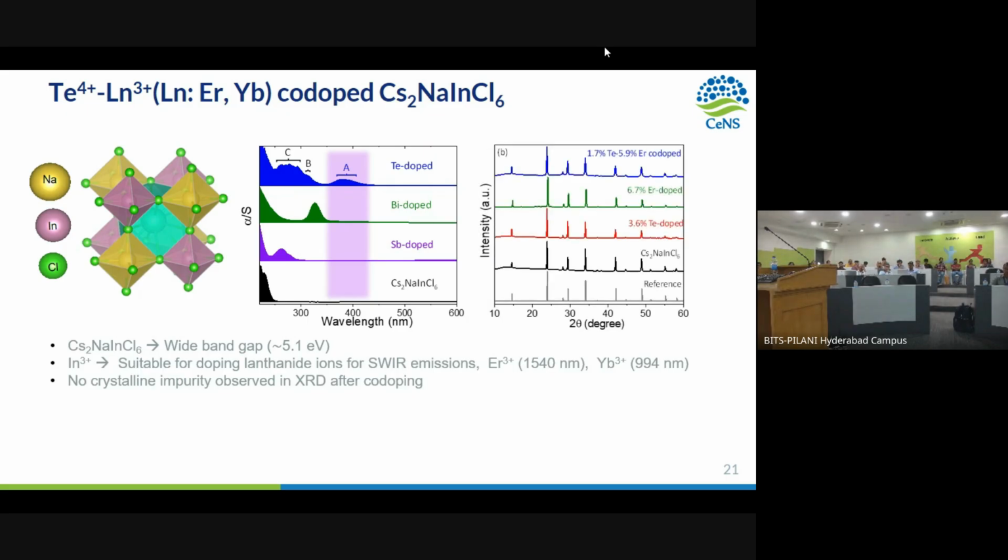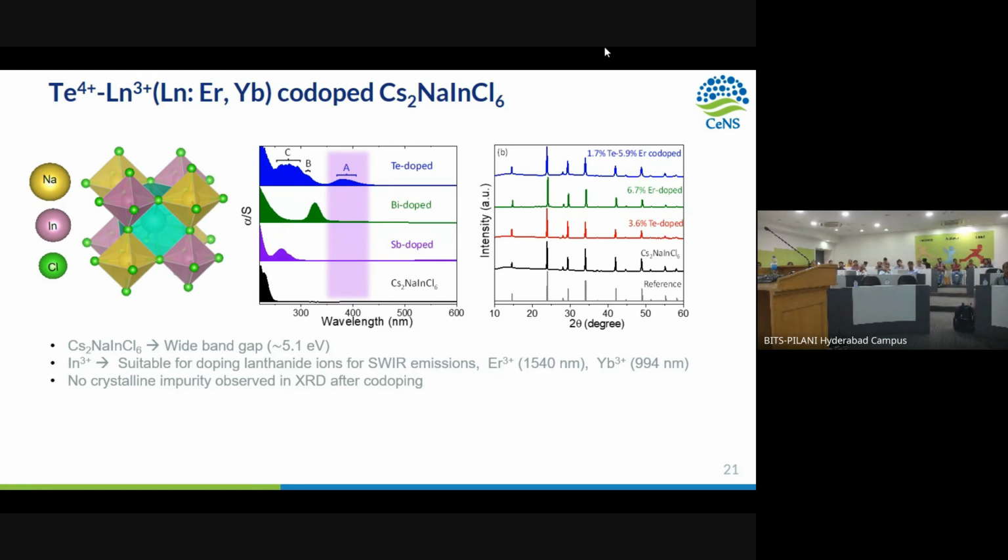And after that, if you dope with lanthanides, it emits in the short IR range. So you can excite with UVA light and get SWIR type emissions. That was the motivation to develop this type of material.